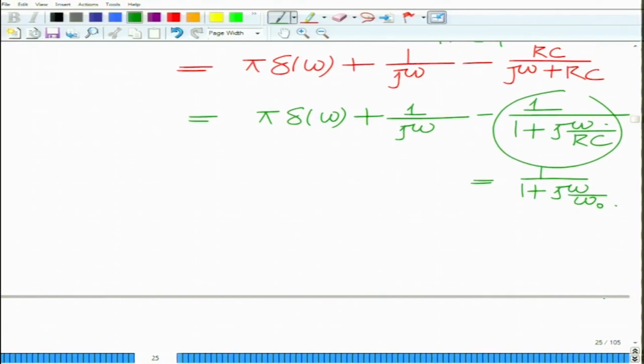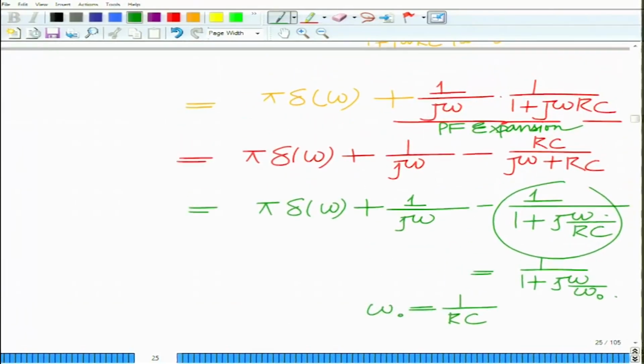I am going to explain this in a little bit. So, omega naught equals 1 over RC. Sorry, there seems to be some mistake.